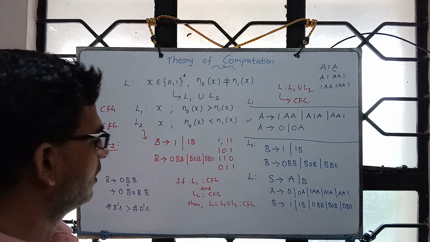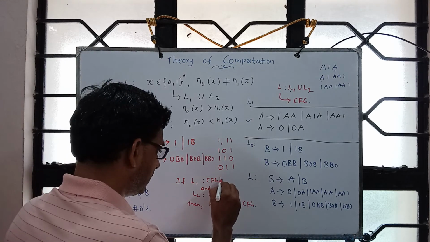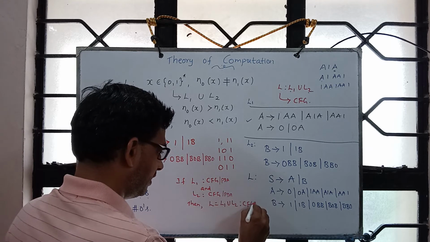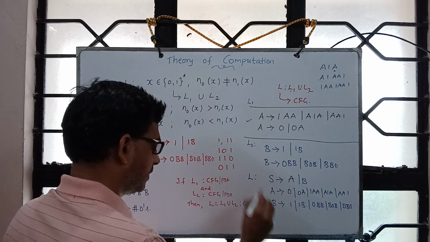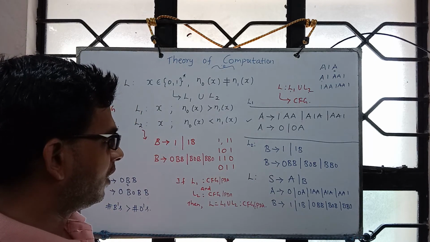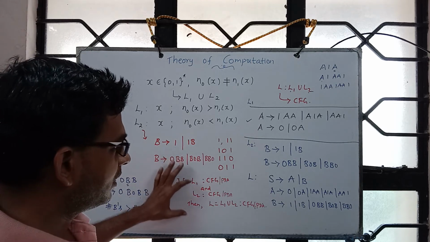Equivalently, if this has a pushdown automaton, and this has a pushdown automaton, then even this has a pushdown automaton. Fine. So this clearly tells you the operation union is closed.